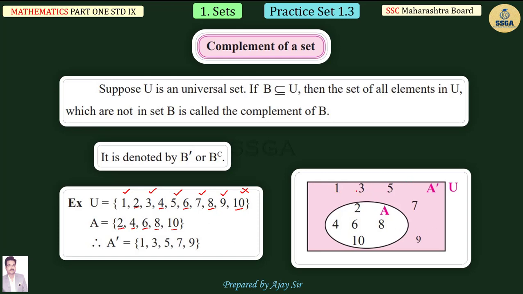These elements are 1, 3, 5, 7, 9, and this is shown by A dash, and this is U. So A dash means the complement of set A: those elements which are present in U but not in A.